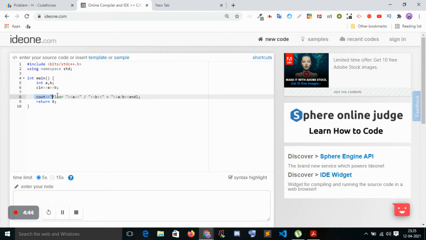This is the format that you should look for. Format is very important when giving any contest. So next it should be ceil.